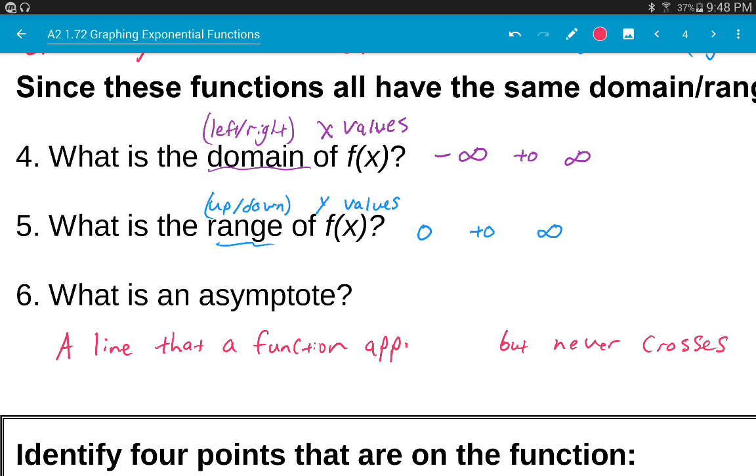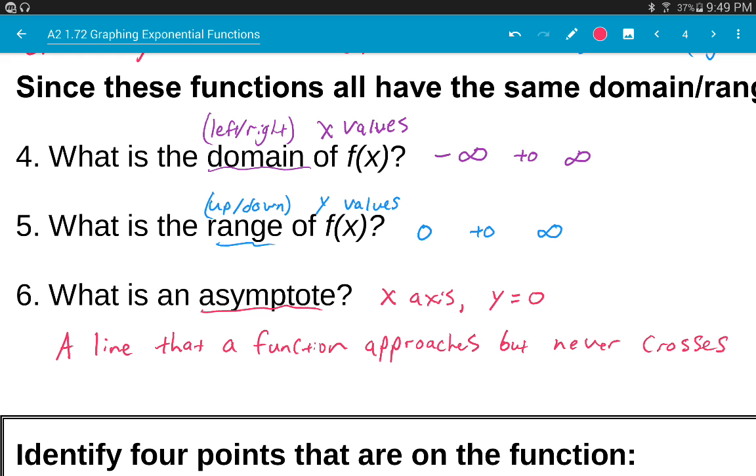So that is a very messy word. In this case, the asymptote is the x-axis. It approaches it, but it's never going to cross it. Another way of writing the x-axis is the line y equals 0. That, in this case, is the asymptote for this function.